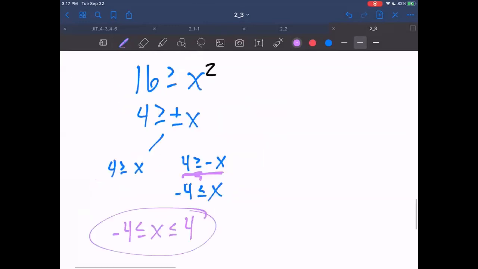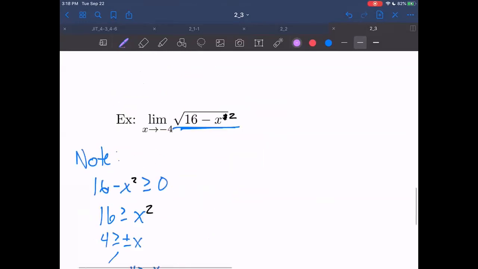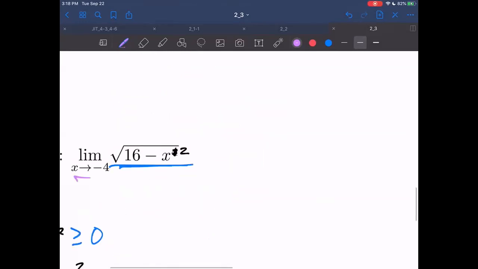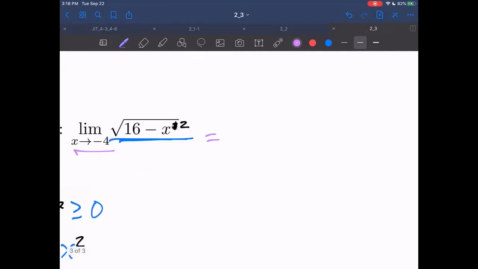And so since we've got a square root, we'll take the left and the right hand limits of this point. And remember, if we take both the right and the left hand limit, and if those are equal, then we have that limit. But if we look, we go to take our left and right hand limits. So we'll do the left hand one first.